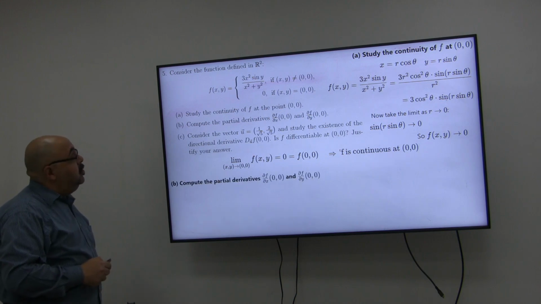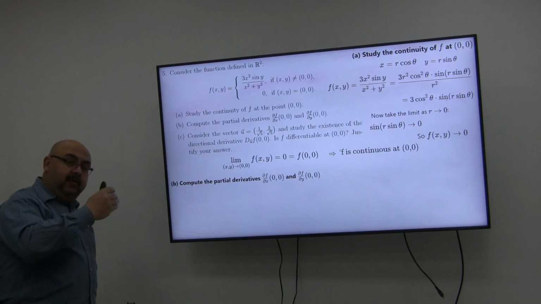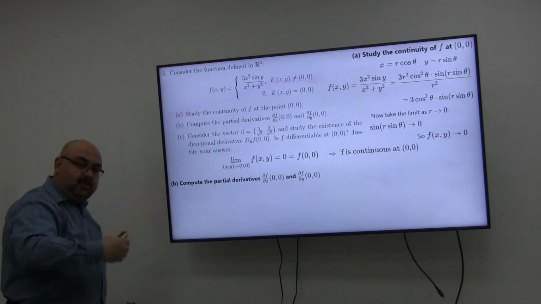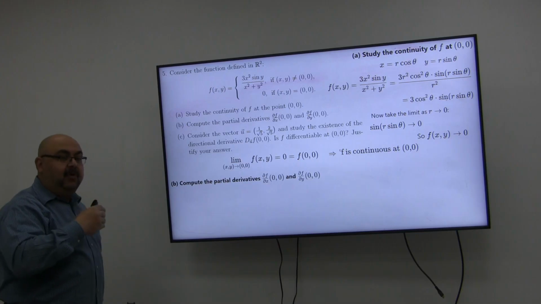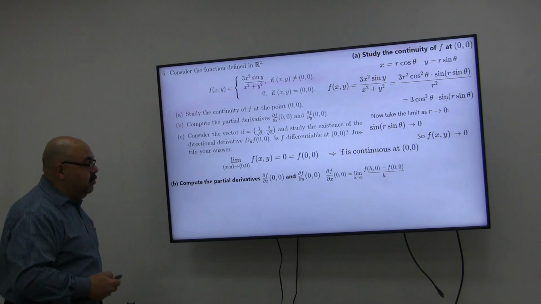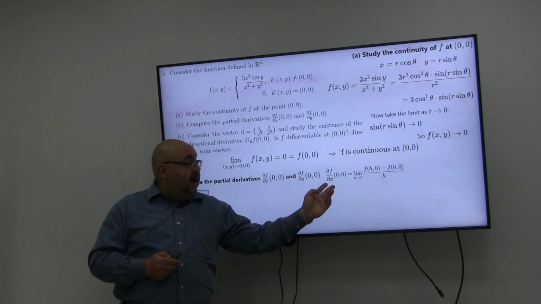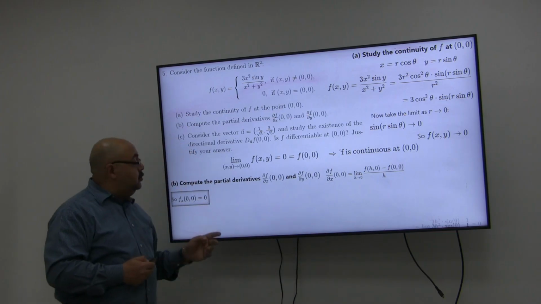How to compute the partial derivatives? I will use the law, which is f of h and 0 minus f of 0 0 over h, and then f of 0 and h in the y direction minus f of 0 0 over h. That's the law of differentiation in the direction of x, and the result is equal to 0.